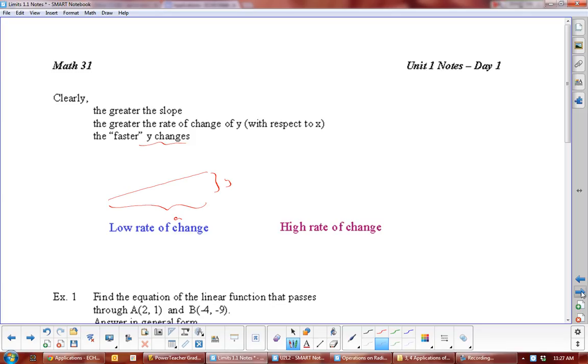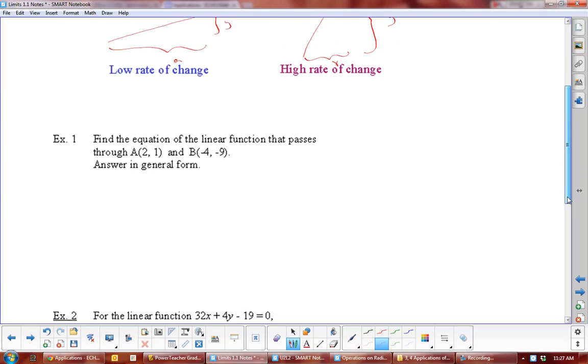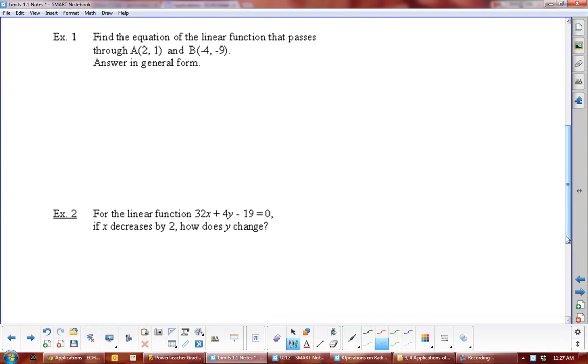When you have a high rate of change, do you see that x is quite small, but y is very large? That would be a high rate of change. Okay, so this stuff you did in grade 10 a lot.